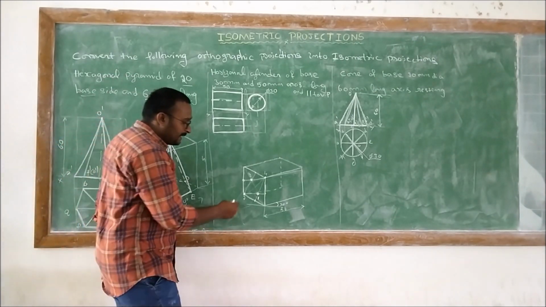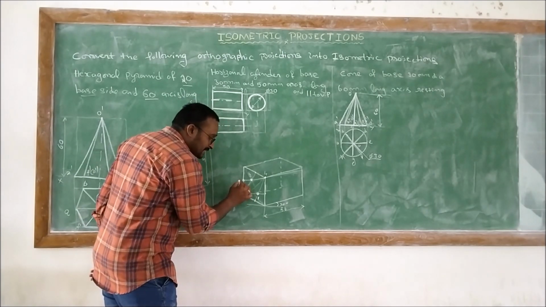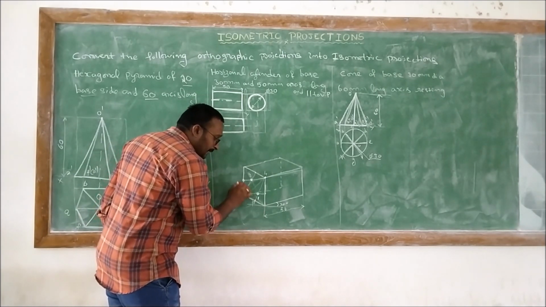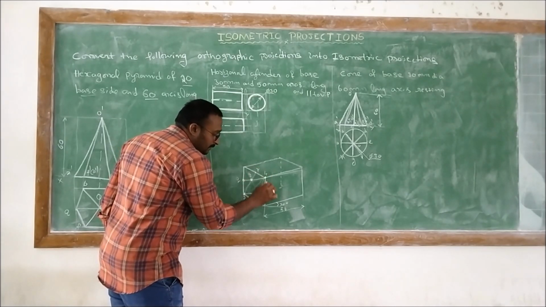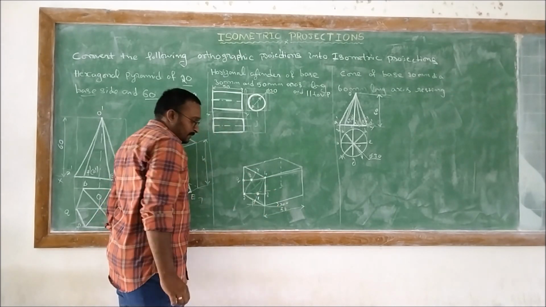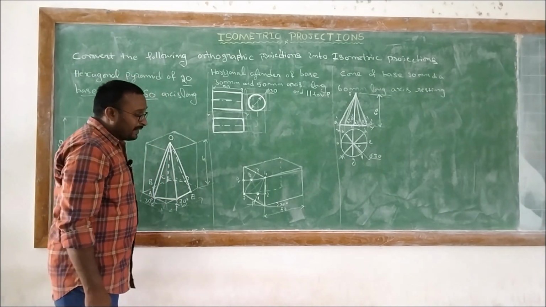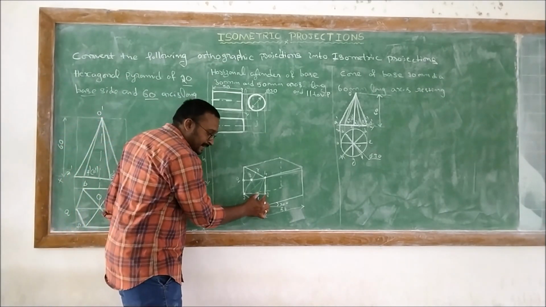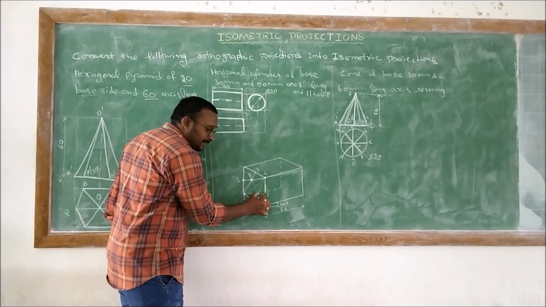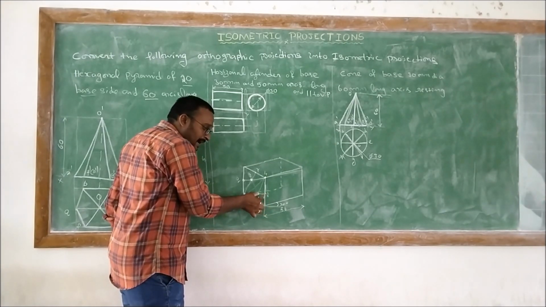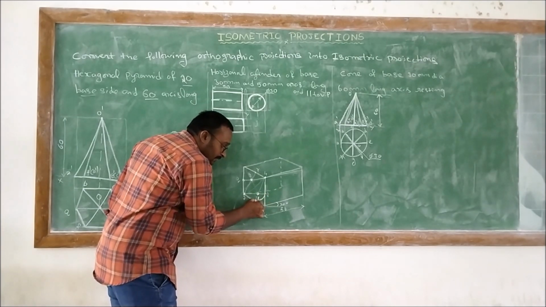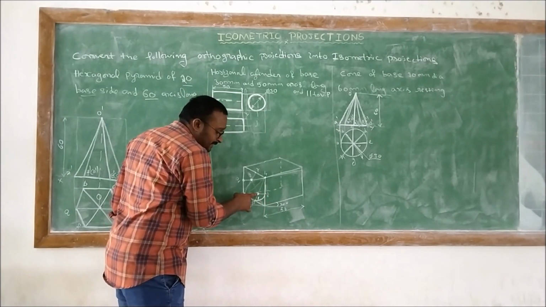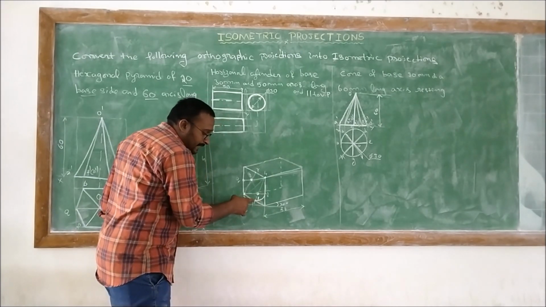So here we need to take that particular dimension. Say for example, if these points are P, Q, R and S. Take 1S as radius, 1 as center, draw an arc until it touches the P point.